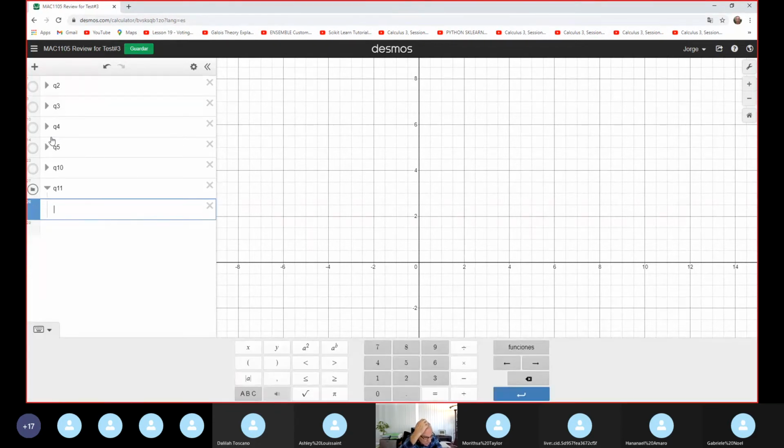Okay, the function is, let me call it f of x, or another name, not necessarily f of x, p of x, because I suppose we created f of x before. You put any letter, any name, equal, the function is, I copy the original, why not? The original is 4x divided by 2x plus 6.